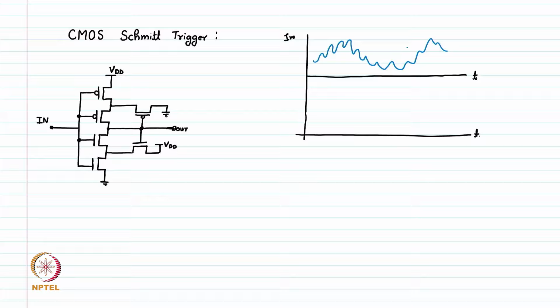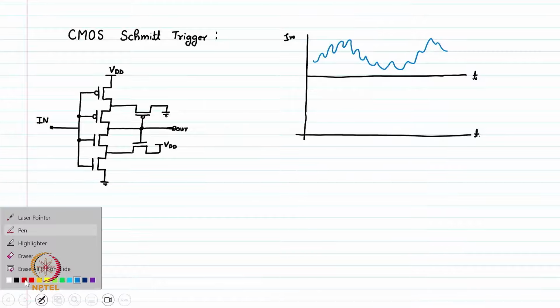Let us say this is my signal which is coming in. Hypothetically, if I do not have a Schmitt trigger and I just apply this to an inverter, what will happen?